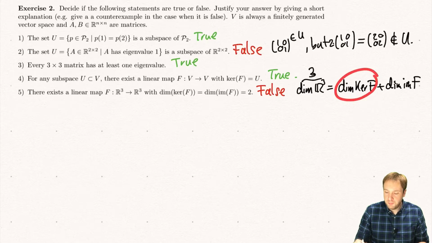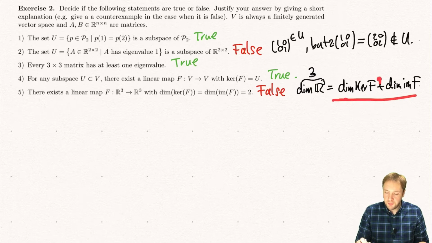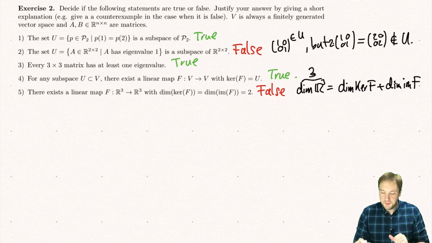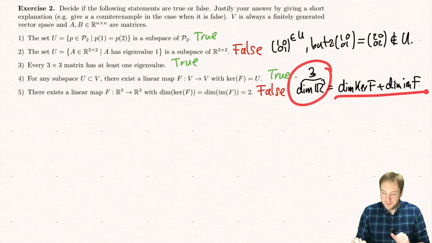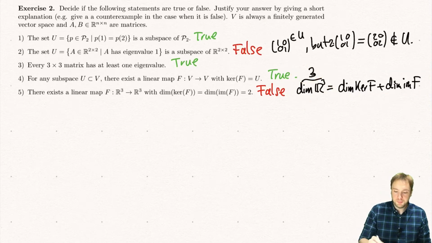And therefore both of them cannot be 2, because 2 plus 2 doesn't work out, since it has to be 3. So we learned that if the kernel gets bigger, then the image gets smaller, and vice versa. And the sum of both of them is always a fixed number. In this case, it's 3.